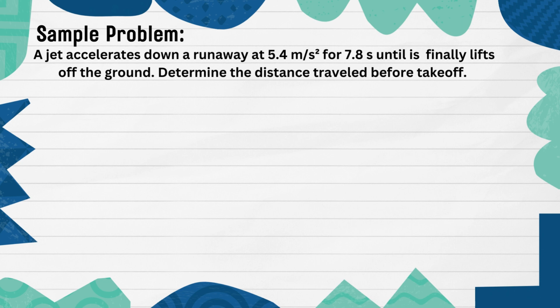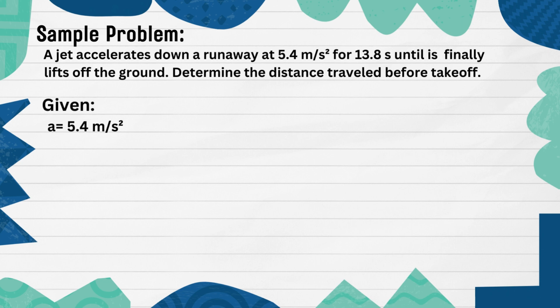Before solving this problem, the first thing we are going to do is write the givens. First given is the 5.4 m/s squared. Second is the time, which is 13.8 s. And then vi, which is 0.0 m/s. And the d, which we are going to find.